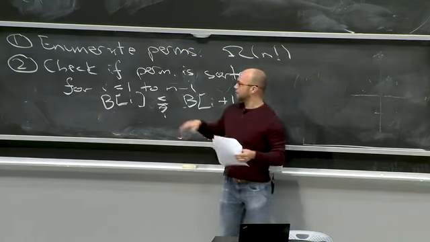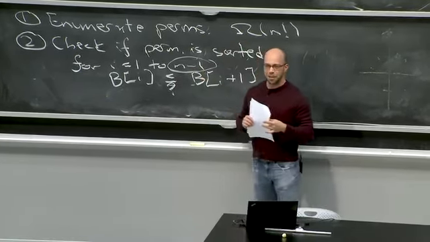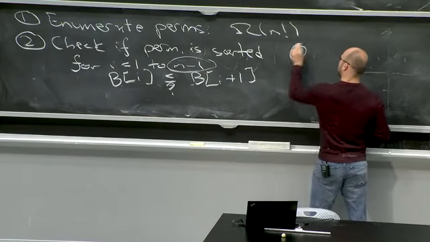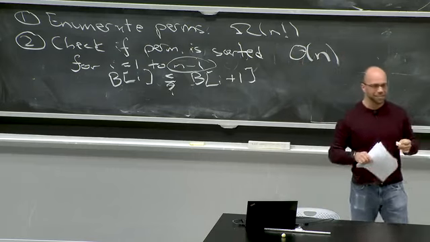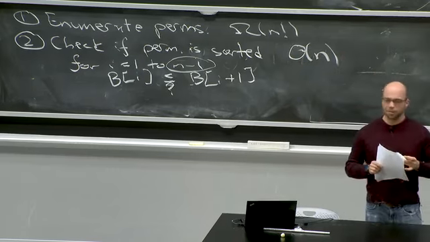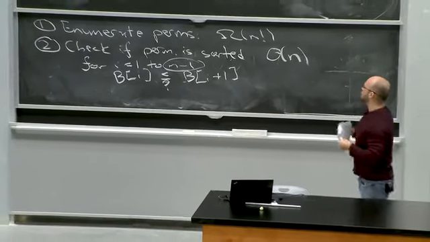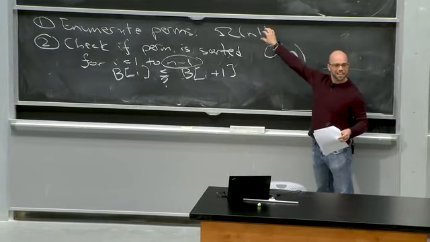So how long does this algorithm take? Well, it's staring you right in the face, because you have an algorithm which is looping from 1 to n minus 1. So this step incurs order n time, theta of n time, because we've got to go all the way to the end of the list. When I put these things together for permutation sort, remember that this check if sorted happens for every single permutation.